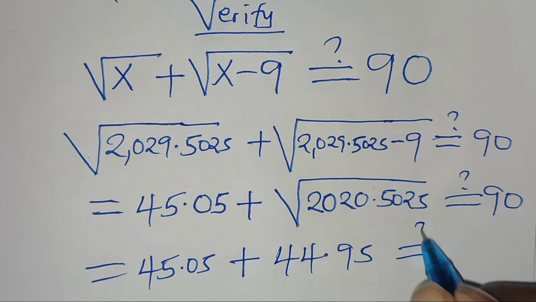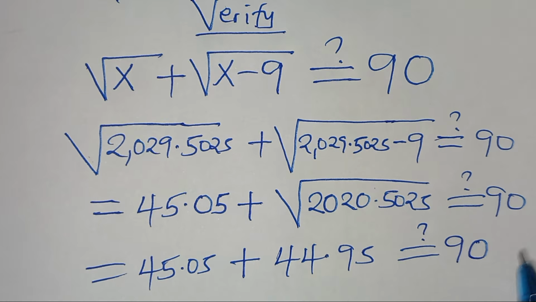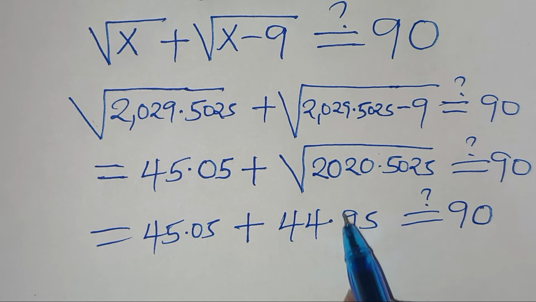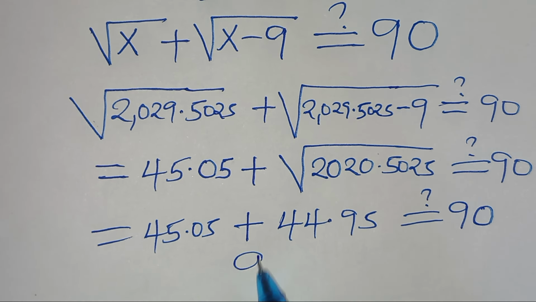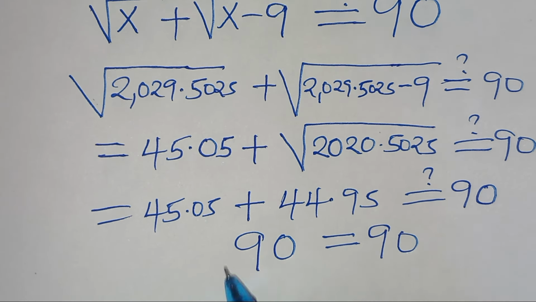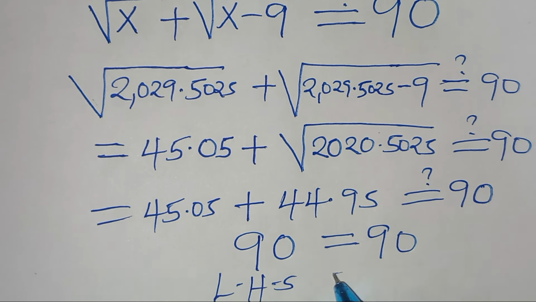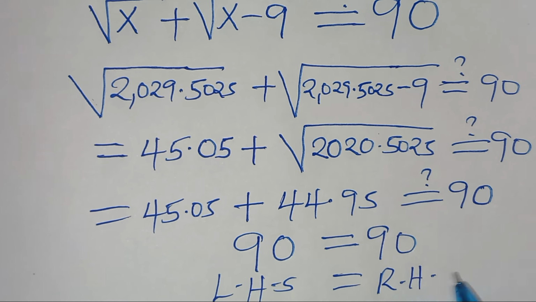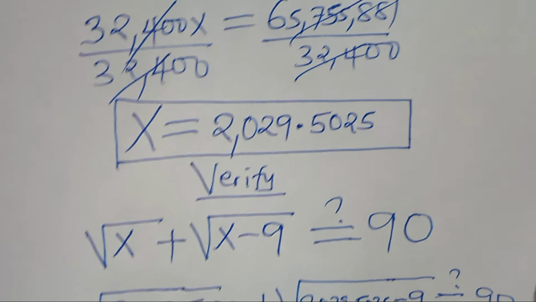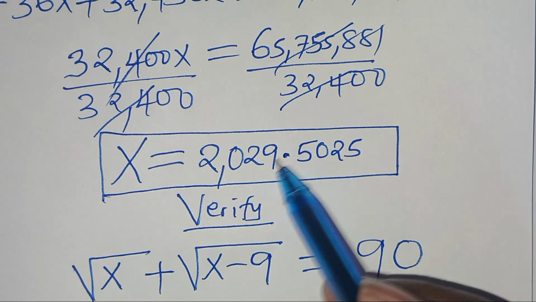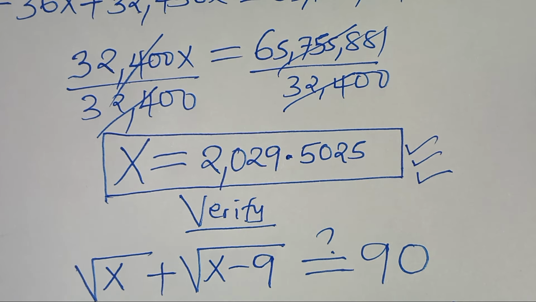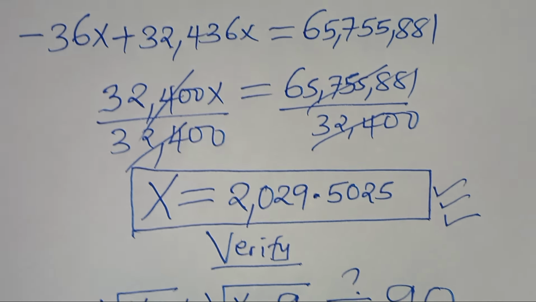So 45.05 plus 44.95 is exactly equal to 90. This implies that the left hand side is equal to the right hand side, and this implies that the value of x, which is equal to 2029.5025, satisfies the equation. So kindly follow the steps.